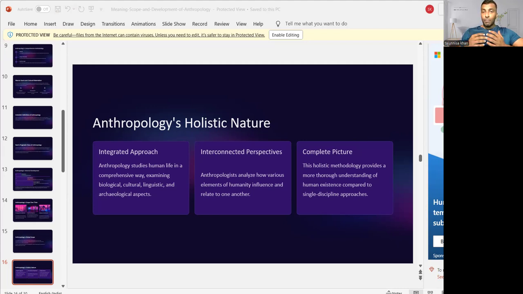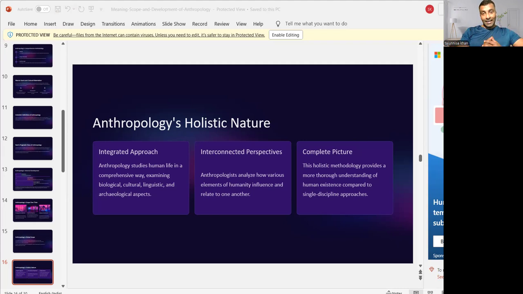When you have a multi-dimensional understanding of anything, that gives you the holistic picture. That gives you the complete picture of human life, and shows how various aspects of humanity are interconnected and influence each other. Culture affects structure, structure affects culture, linguistic patterns affect structure, biological traits affect structure and culture.